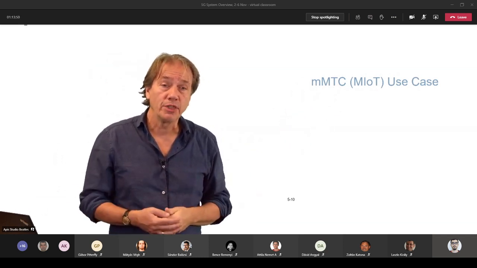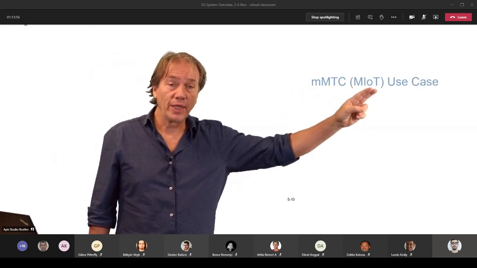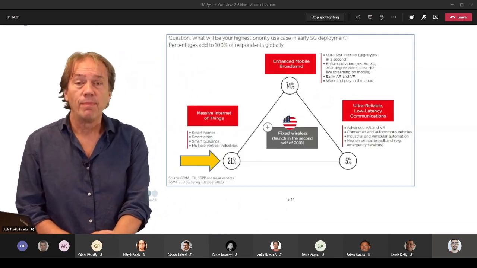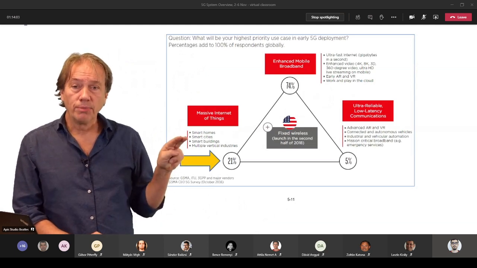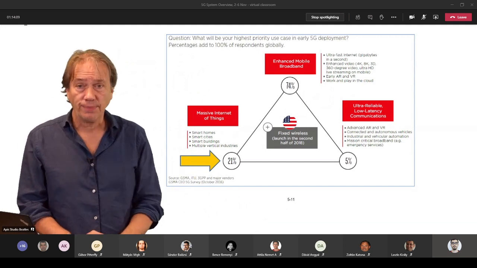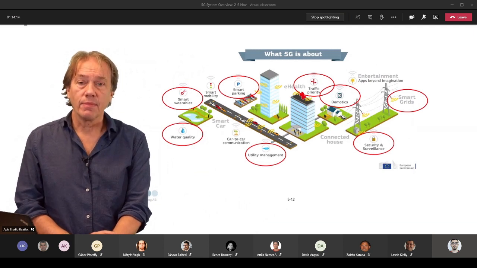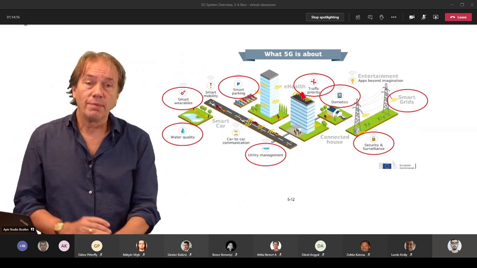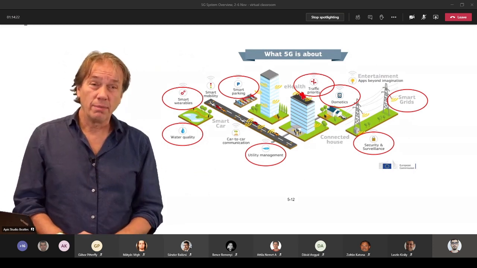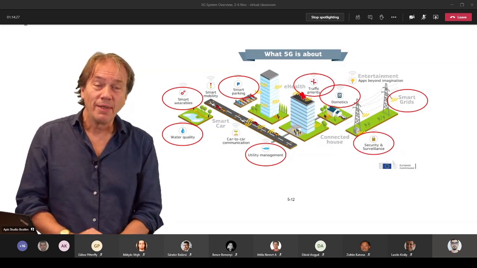That's one way to express it. Very often you will see MIoT, massive Internet of Things use case. For all I know, it's more or less the same thing. So yeah, smart homes, smart cities, smart buildings, multiple vertical industries. Yeah, lots of meters and sensors, and often I think kind of simple equipment.